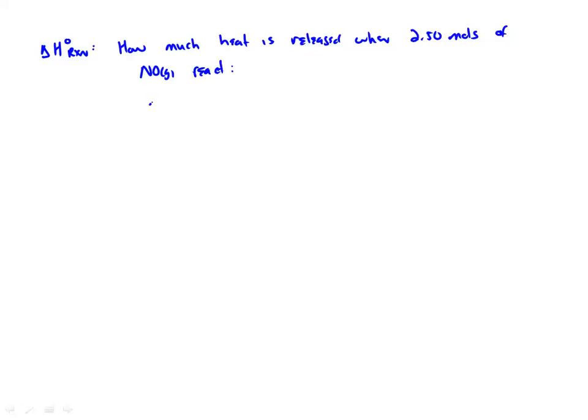And the equation we've got is 2 NO gas plus O2 gas goes to 2 NO2 gas. And we know that delta H for that reaction, or basically the energy change, is minus 114.6. That's why it sounds familiar. I swear we used that value yesterday.